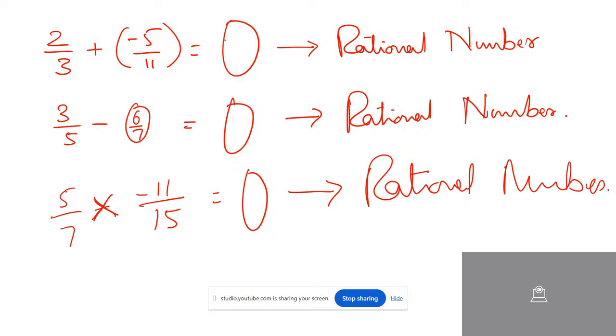Understood? But when you divide two rational numbers, this is the p by q form, and the denominator is there, but it is not always a rational number.